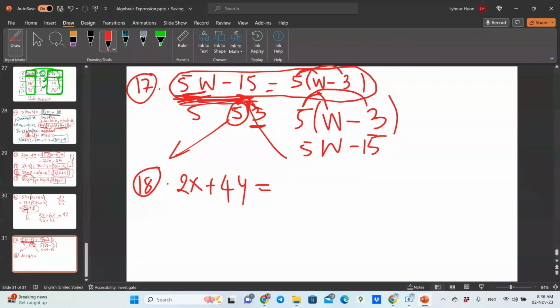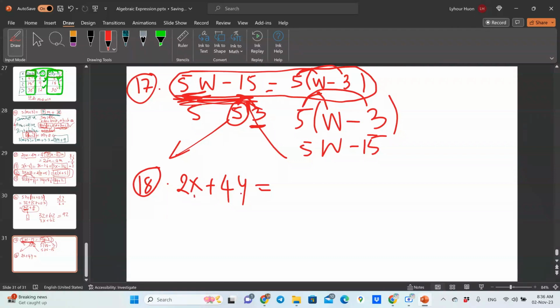What should we take out from the parentheses? They're not like terms, so we can't add them yet, but what do we have in common?